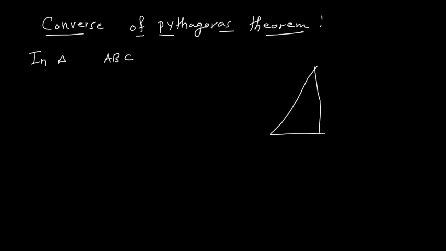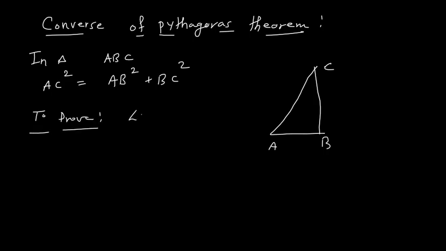In triangle ABC, it is given that AC square is equal to AB square plus BC square. This is given. What we have to prove? We have to prove that angle B is 90 degrees.